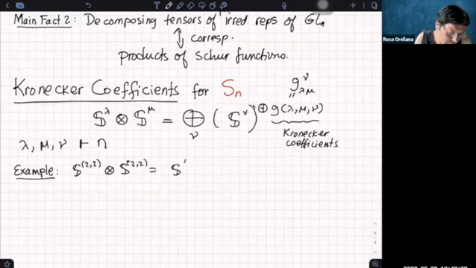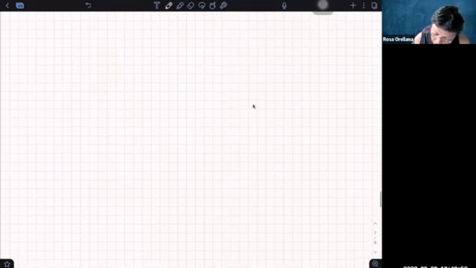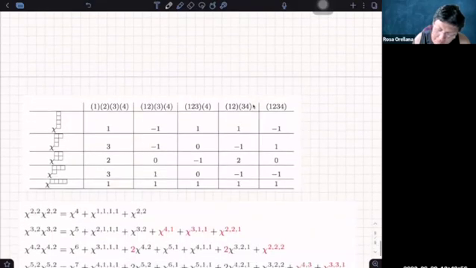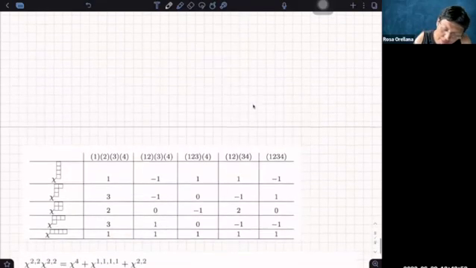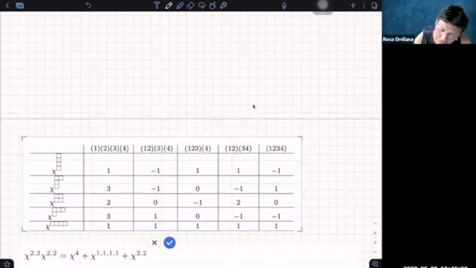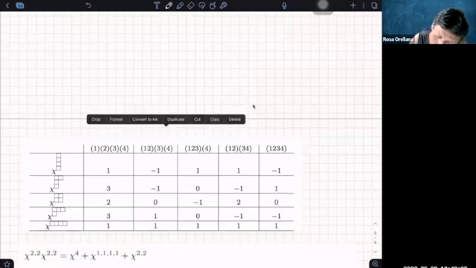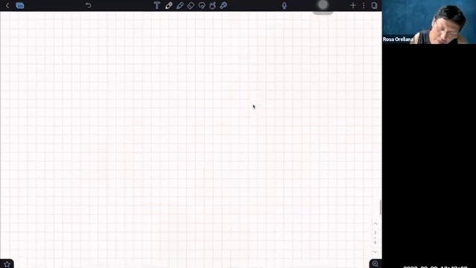If you were to compute it, you would get S(4) plus S(1,1,1,1) plus S(2,2). I have the character table here so that you can see.